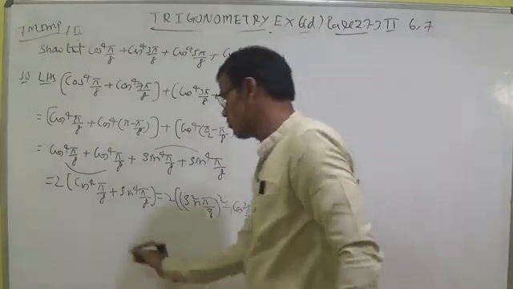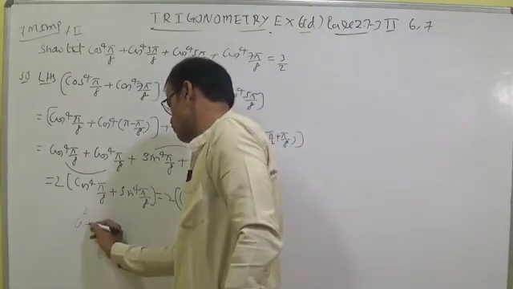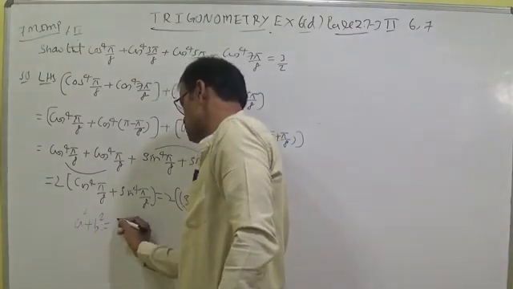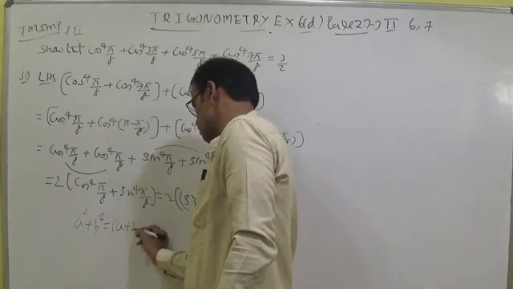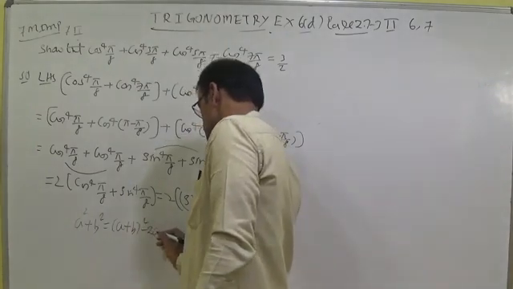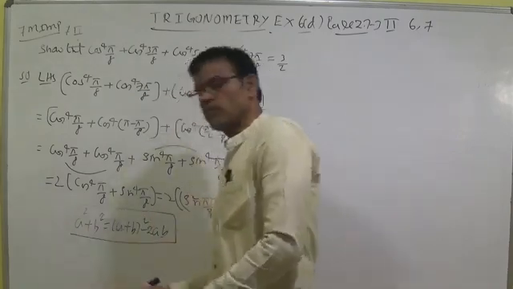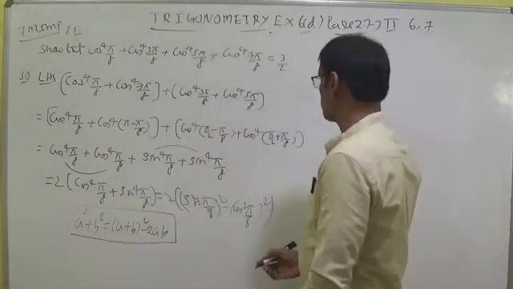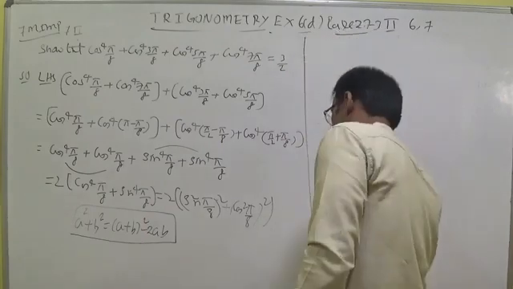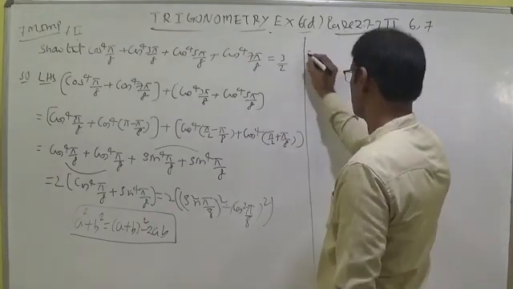Let us remember the formula: a square plus b square is equal to a plus b whole square minus 2ab. Remember this formula, whatever formula we are using now. A square plus b square is equal to a plus b whole square minus 2ab.